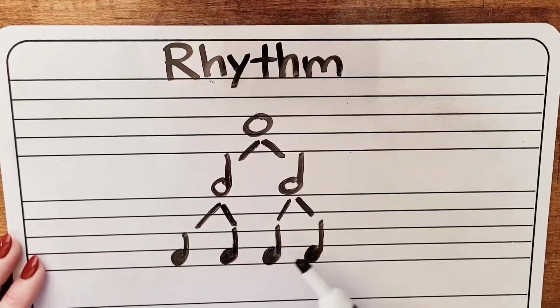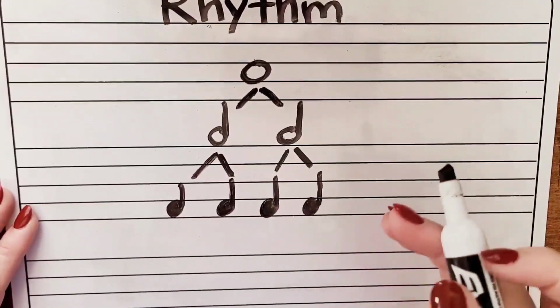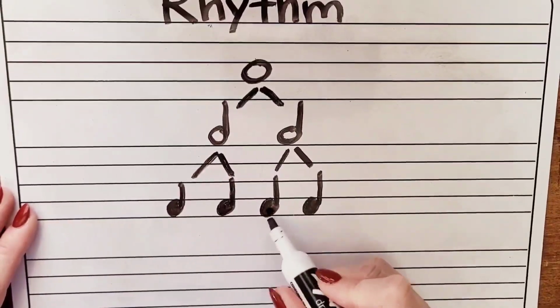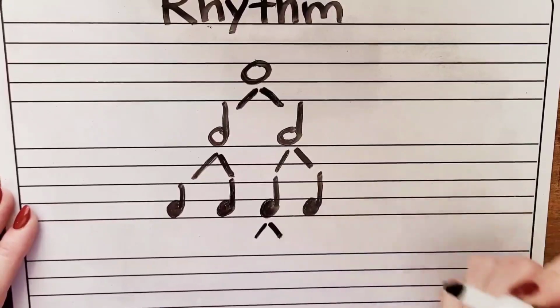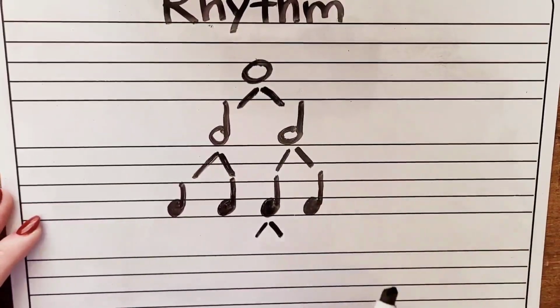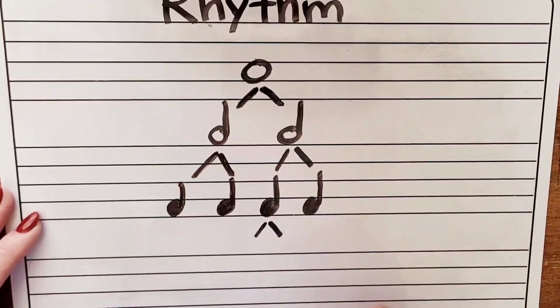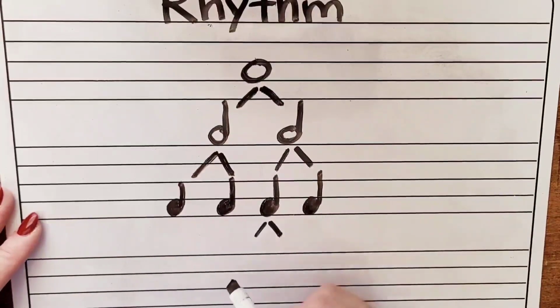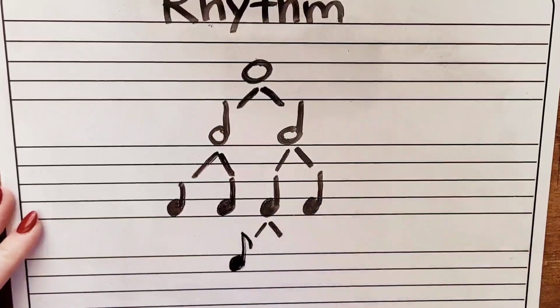1, 2, 3, 4. But what if I wanted to go further? What if I wanted to take 1 quarter note and split that up? How would I take 1 beat and split it up? You would end up with half beats, and those look like this.